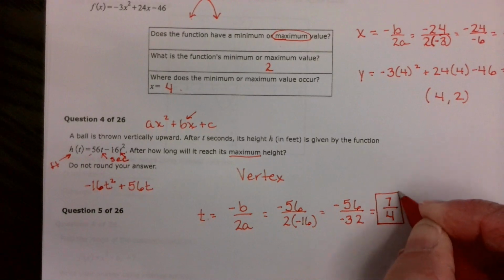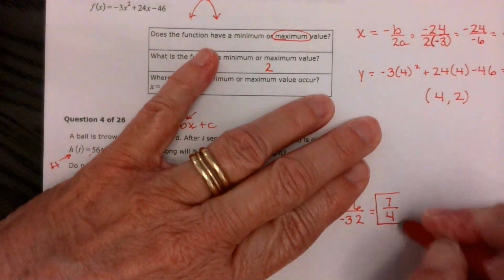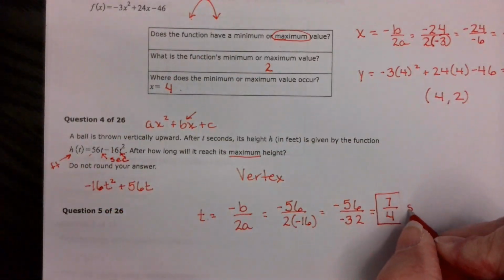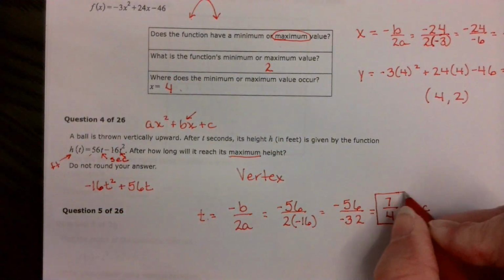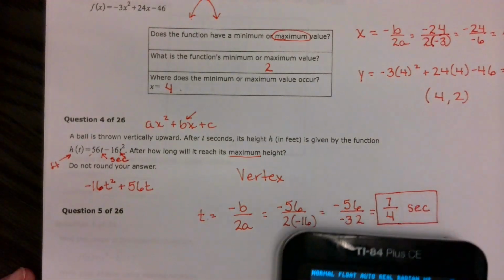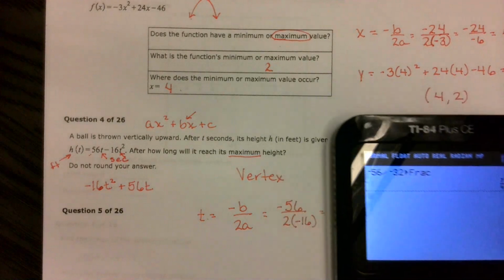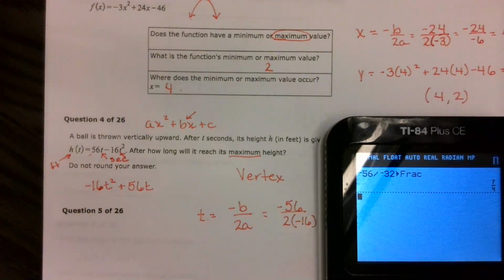And that would be, okay, you can leave it as 7/4, but this is a word problem, right? And by the way, if you didn't know that that reduced, you can use your fraction key, you get 7/4.